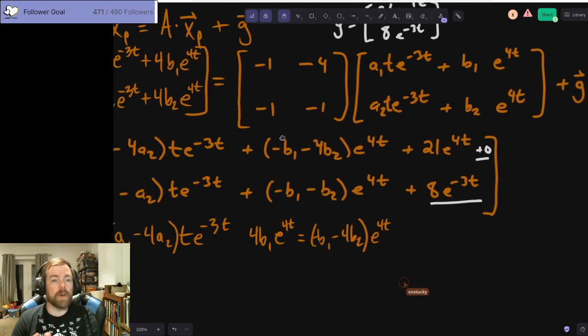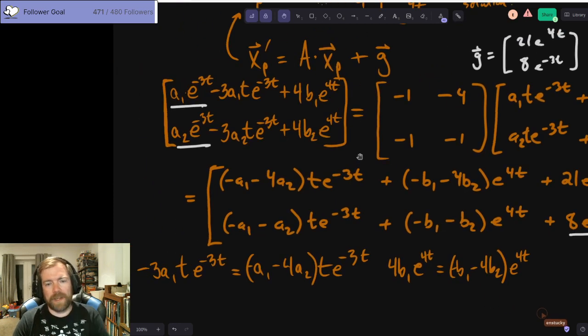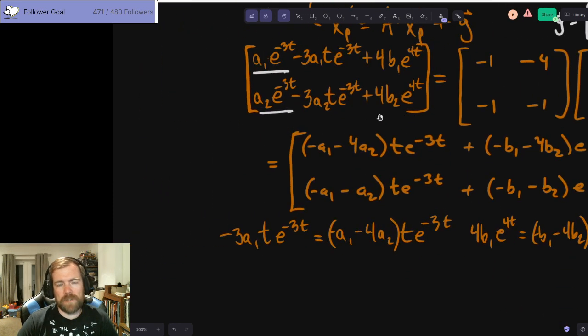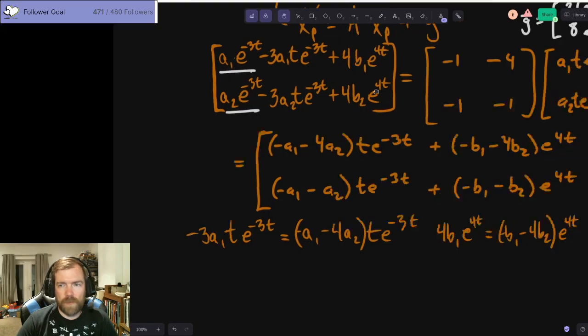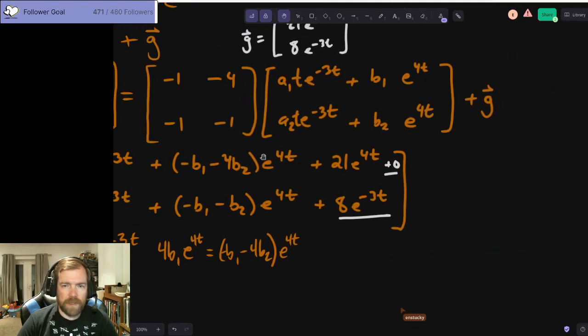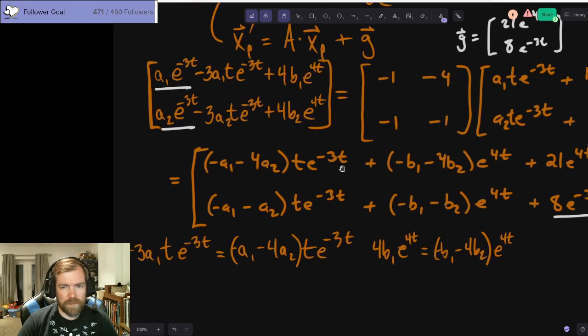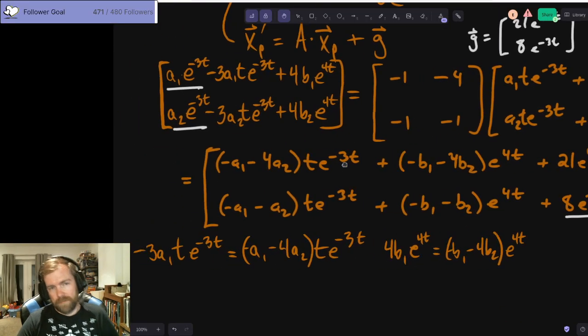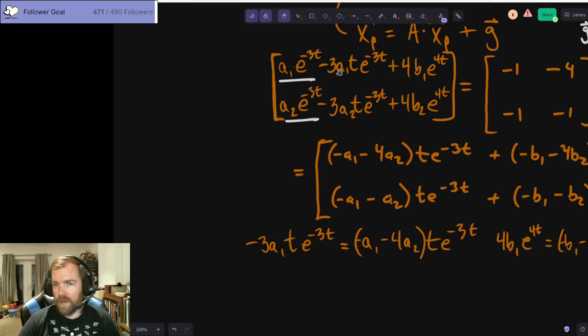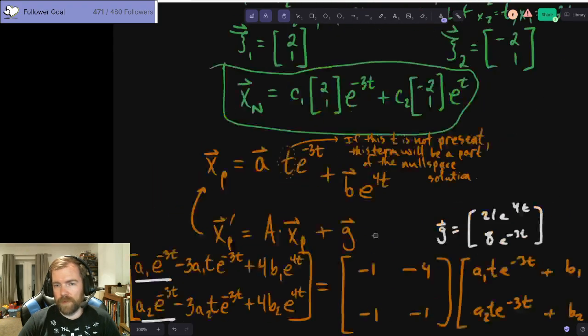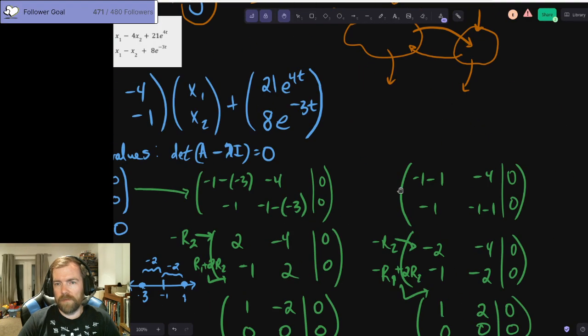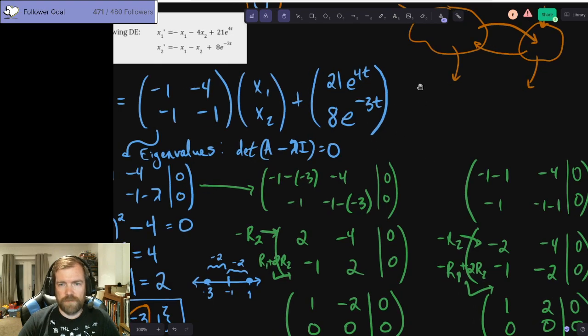I'm just trying to figure out what we're working on. I got it. I was confused there for a second because our a1 e to the negative 3t does not appear to have anything in the first row that corresponds with it. But that's actually good. If we look at our g vector, there is no e to the negative 3t in the top row for the g vector.